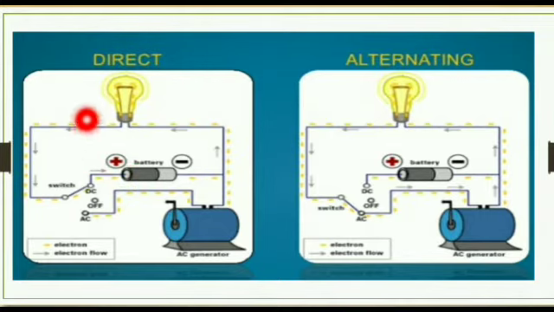Here only AC is connected. But here AC is not connected, only DC is connected. That's why it is direct current, because the electron flow is opposite to the positive.